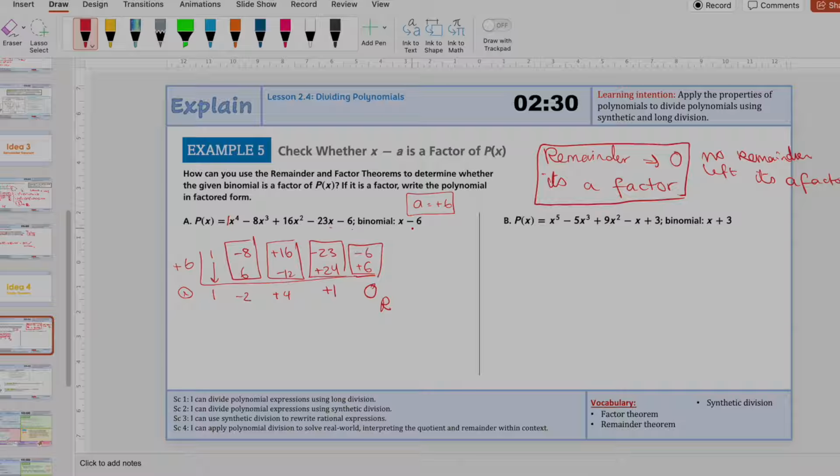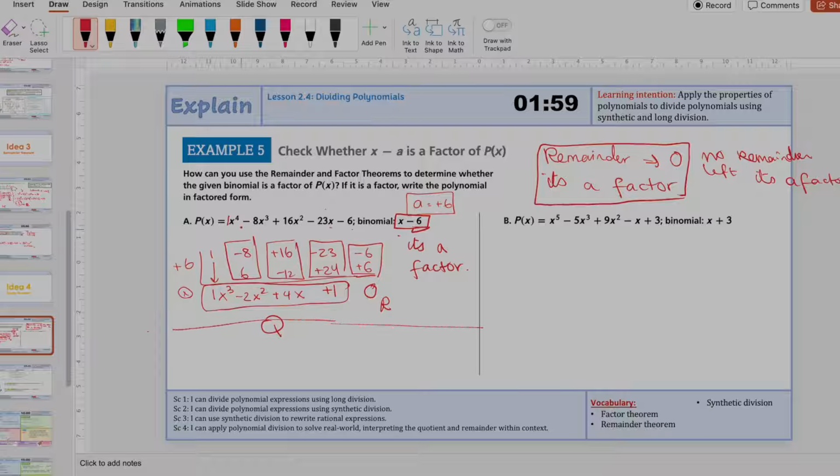So I can say that the divisor is a factor of this, because there was no remainder. The quotient is going to be power of 3 first, power of 2, power of 1, and no power, and the remainder is 0. This is one way to find if it's a factor or not: just find the remainder with synthetic division or use the remainder theorem.